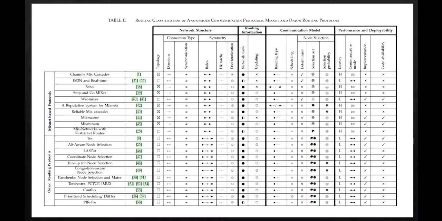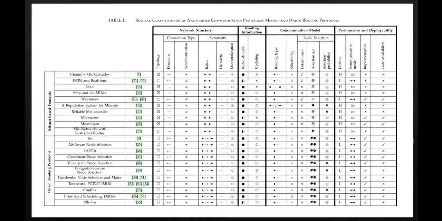The Mixnet based protocols, as you can see on the left-hand side, there are so many protocols that come under Mixnet based protocols, and the classifications that we discussed earlier, that is network structure, routing information, communication model, and performance and deployability. So we'll be representing them in terms of symbols here. Let's go one by one.